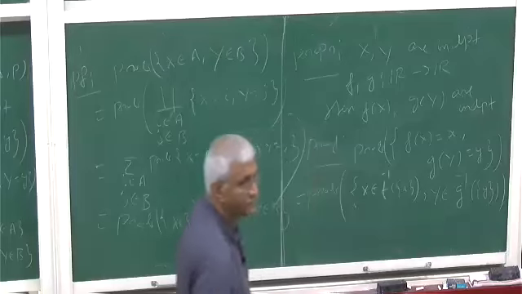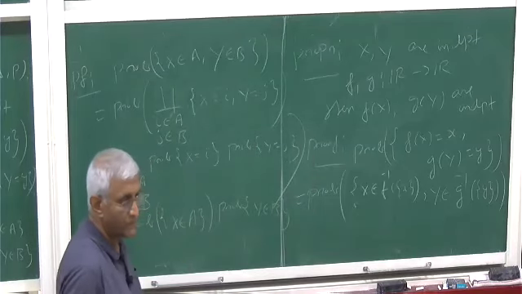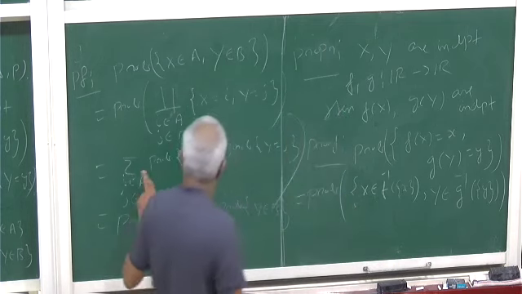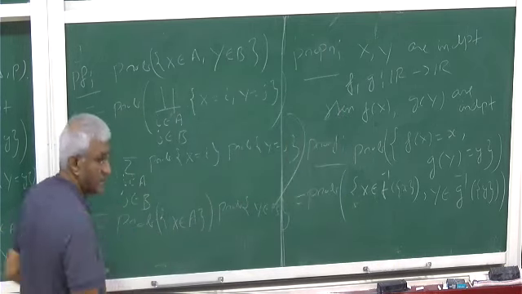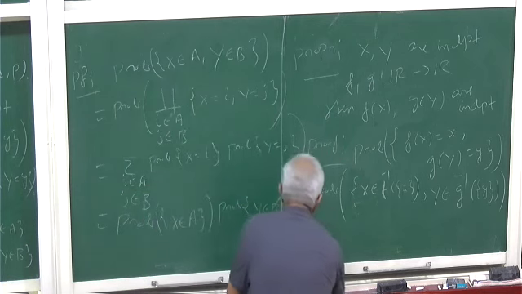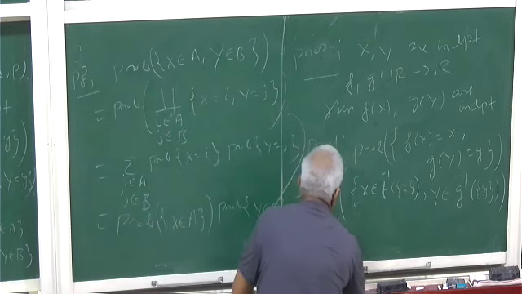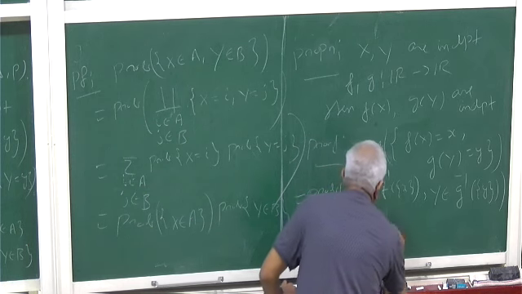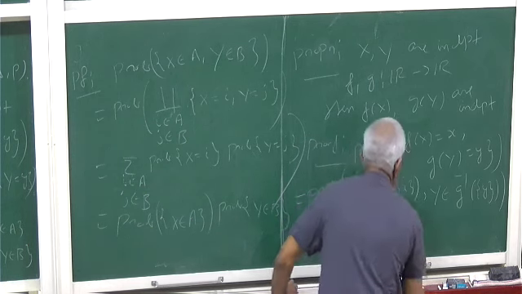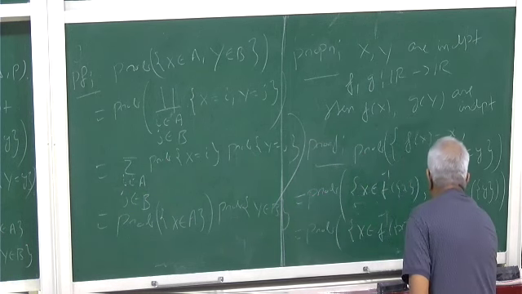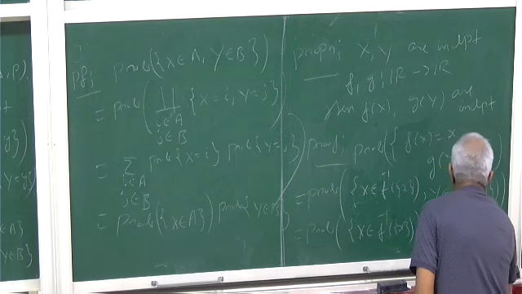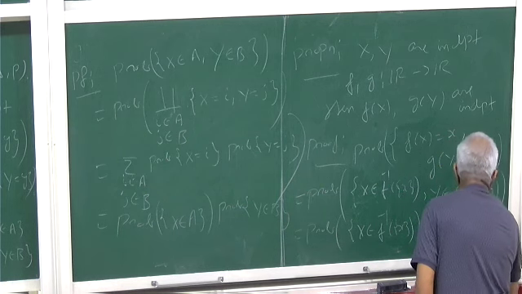Now we have already proved it's a product over any two sets, any two different sets. Now this is equal to the probability of X in F inverse of this set times the probability of Y in this G inverse of y.